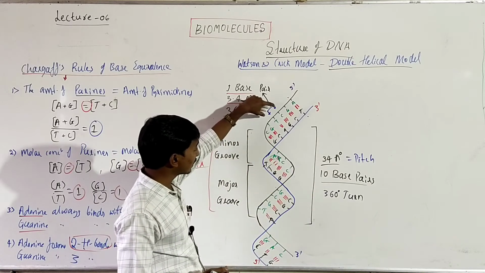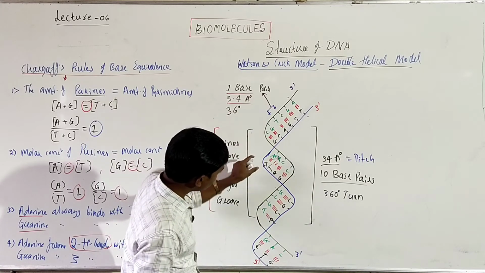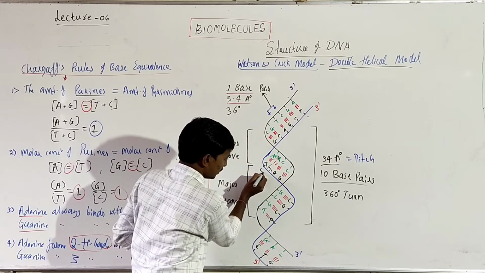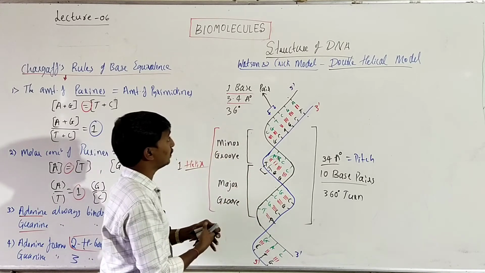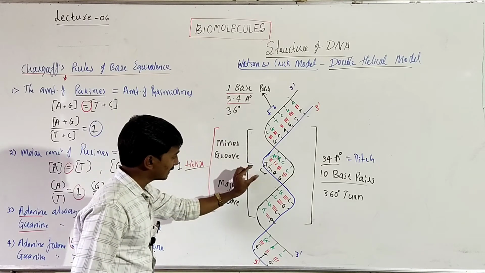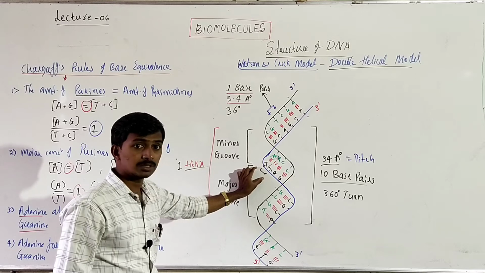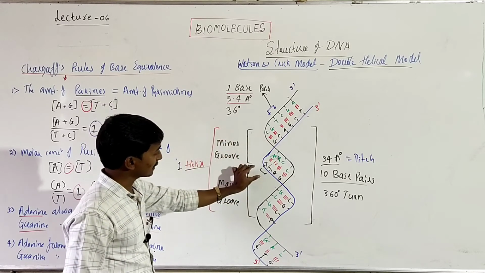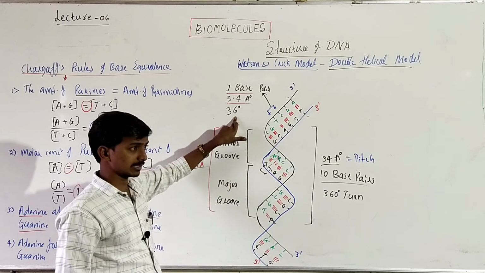But when we take a single base pair, ಎಲ್ಲ ತಗೊಳ್ಳಿ. Okay, in that single base pair, there will be one base pair, 3.4 angstrom. ಅಂದರೆ this gap is 3.4 angstrom. And this angle of rotation will be 36 degree.